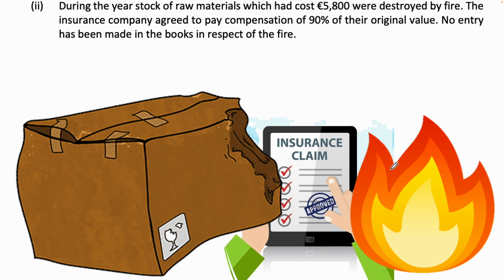So 5,800 is what they cost. Unfortunately, the insurance company is only going to pay them 5,220 because that is 90% of 5,800. So 5,220 is what they're getting. So they're losing 10%, €580 of the €5,800. And that's just a loss on the insurance claim, and that is really unfortunate.